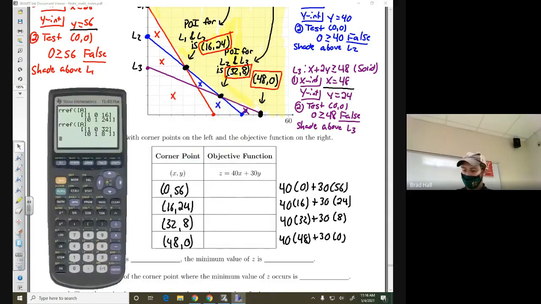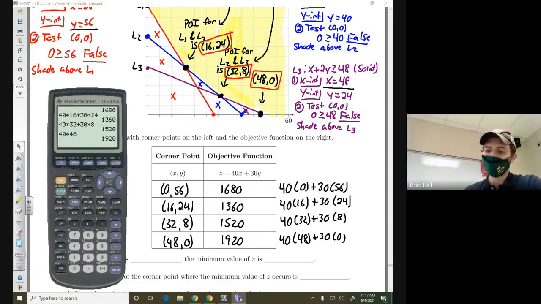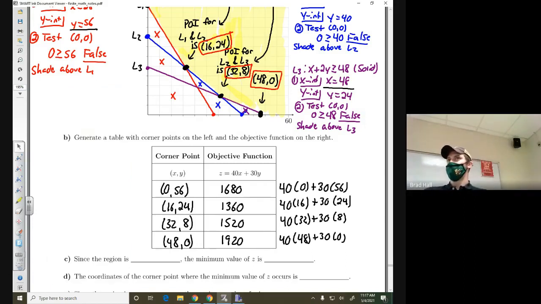And so these are a bunch of computations we need to quickly determine. 30 times 56, 40 times 16 plus 30 times 24, 40 times 32 plus 30 times 8, 40 times 38 plus, well, really, plus nothing. So here's our 4 values. So a bunch of tedious computations, but this allows us to determine the values of the objective function for each ordered pair.